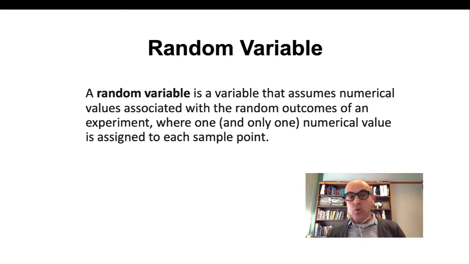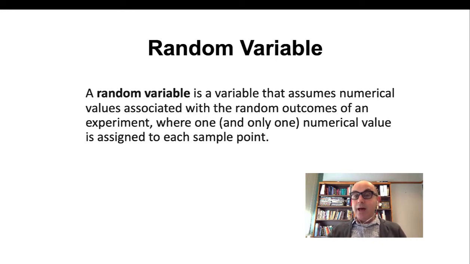Another issue that is really important is random number. I don't know how long since you took your statistics class, but if you remember, a random variable is a variable that assumes a numerical value associated with a random outcome of the experiment.